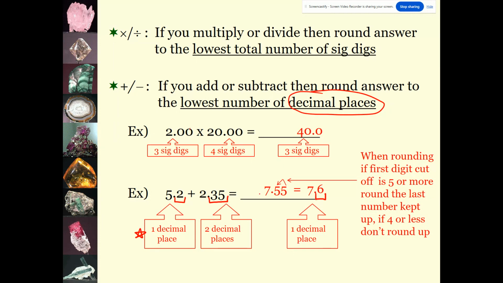When I do this calculation, I get 7.55. I'm going to cut it off right there to keep my 1 decimal place, and whatever I'm cutting off, if it's a 5 or more, it rounds the last digit that we're keeping up. If it's a 4 or less, it doesn't round up. Okay? So most of the time, we're multiplying and dividing, so you're looking at the lowest total number of sig digs. But if you are adding or subtracting, you just look at the decimal places.